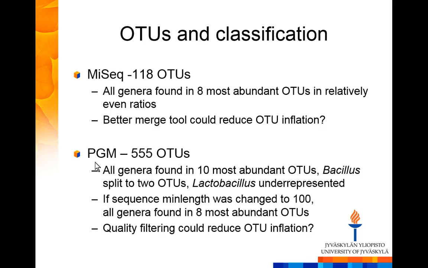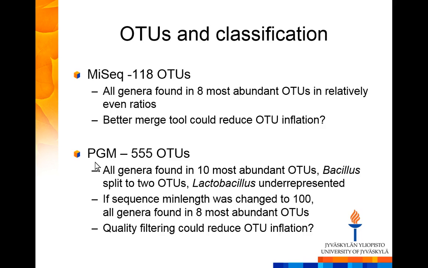Why do we have so many OTUs and not about 10 or 11, like the number of unique sequences? Or actually, probably we should have 8 OTUs, because the different copies of 16S don't differ that much within the same species. A better merge tool in the pipeline could maybe reduce this problem.